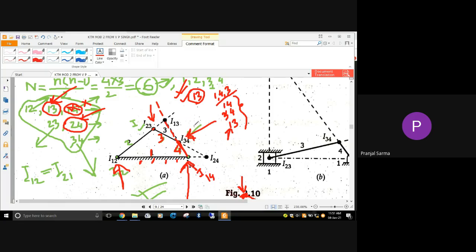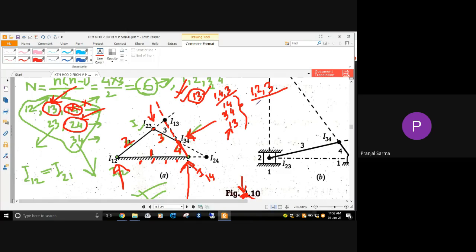Next, let's consider another thing. For finding out I13 only, I definitely have to consider 1 and I definitely have to consider 3. In between I have to consider something else, that means 3 links will be required. Let's now consider link 2, which is also connecting 1 and 3, and they have got planar motion between them. I am considering now these three bodies, 1, 2, and 3. So for them, what are the different instantaneous centers?